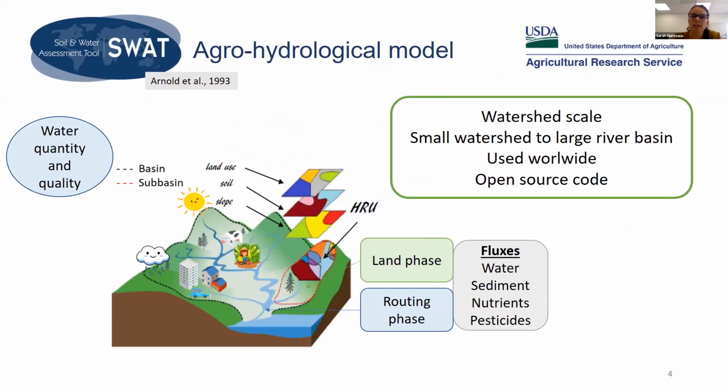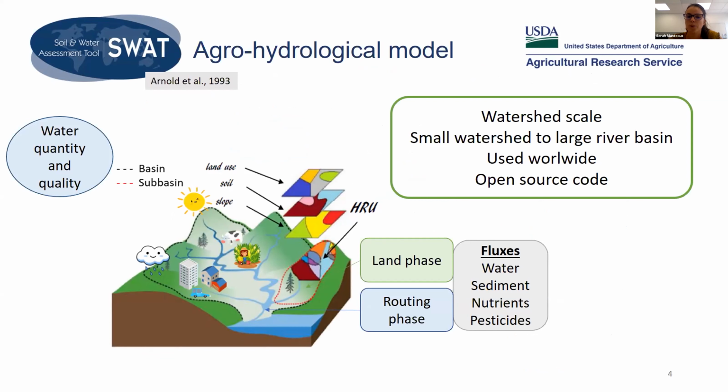The SWAT model is the Soil and Water Assessment Tool. It was created by the USDA to predict the impact on the environment of land use, land management practices, and climate change. It simulates the water quantity and quality in a watershed.